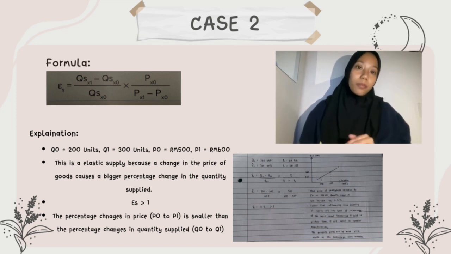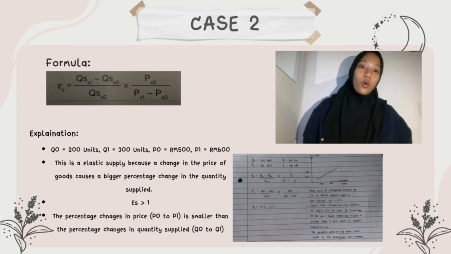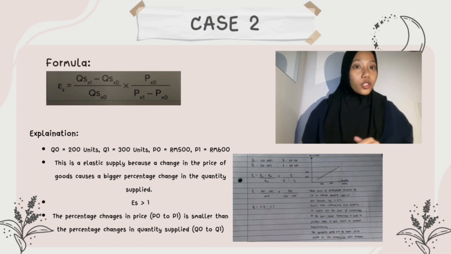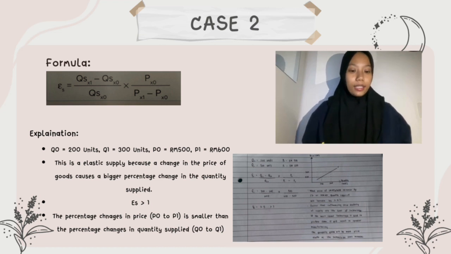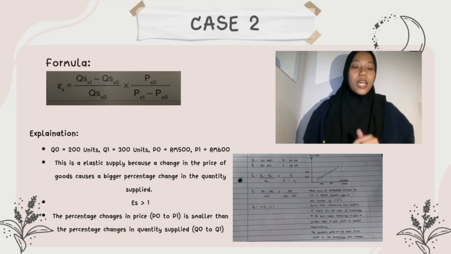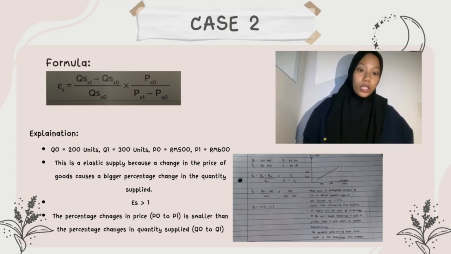Here is the explanation. When the price of a smartphone increases by 1%, or 100 ringgit, the quantity supplied will increase by 2.5%. A factor influencing price elasticity of supply is the level of technology. The reason I say this is because if the most recent technology is used to produce goods, it will result in speedier manufacturing.